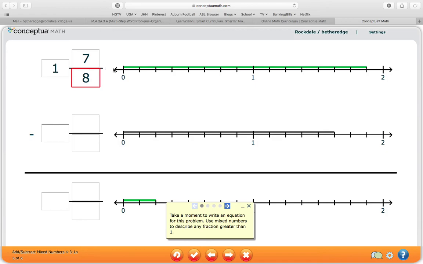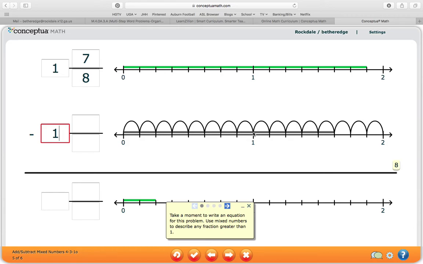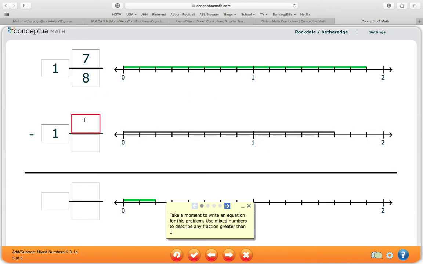So this model is showing me 1 and 7/8. I'm subtracting. Let's look at the gray bar. Again, I have everything filled in between 0 and 1, so that's 1 whole. This time I only have 1, 2, 3, 4, 5 sections on the number line.